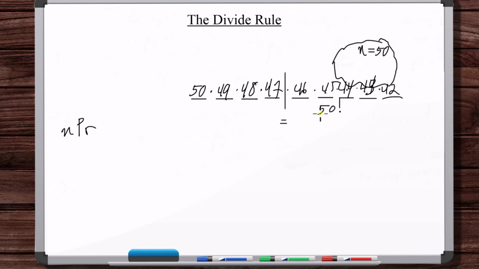So what we're wanting to do is divide out that 46 factorial, that full count of the different ways to arrange 46 items in a line. And then we get exactly what we want: the number of ways you can arrange 4 items in a line if you're picking those 4 items from a group of 50 items. And that's the formula for NPR.